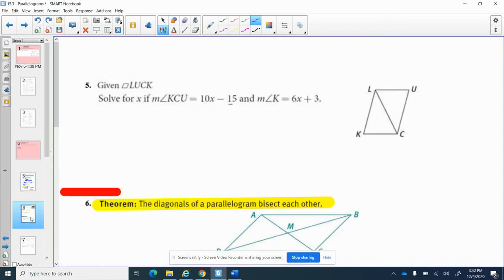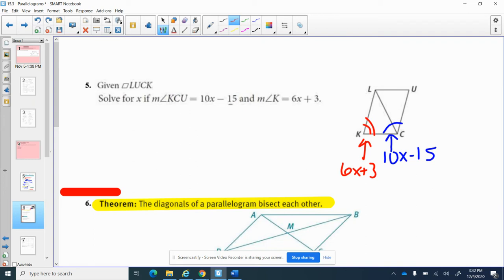So to use one of those properties, here we have parallelogram LUCK, right? Parallelogram LUCK. And they're telling us that angle KCU, this angle right here, is 10x minus 15, and that angle K right here is 6x plus 3.